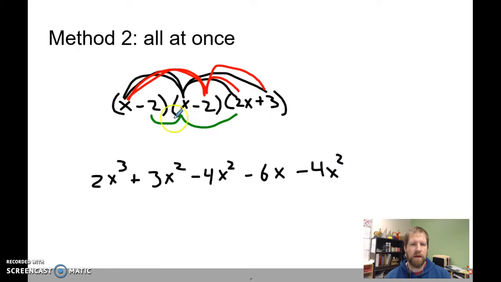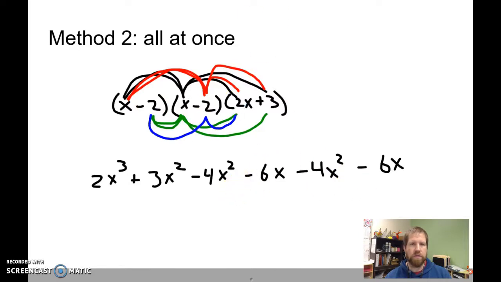And then I've got negative 2 times x times 3, which would be a negative 6x. And you can see I'm getting some repeats in here. And then second term to the second term to the first term.